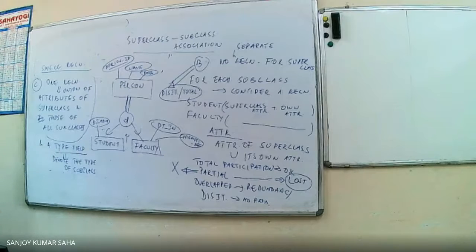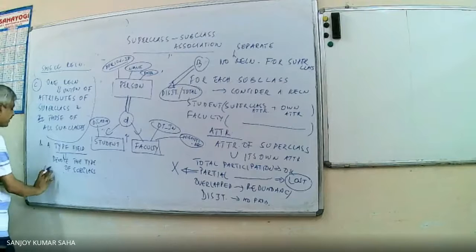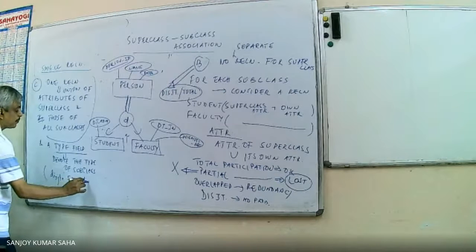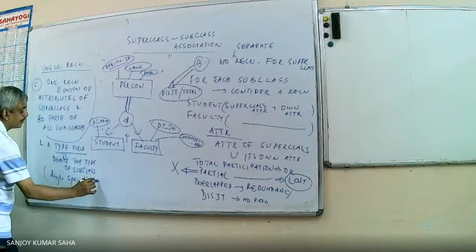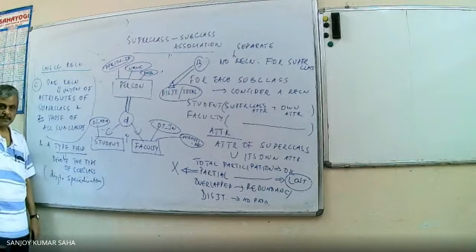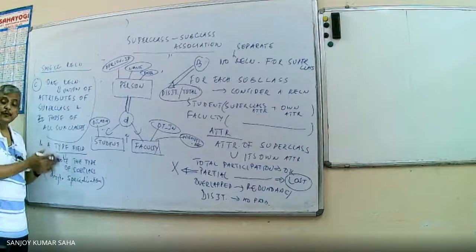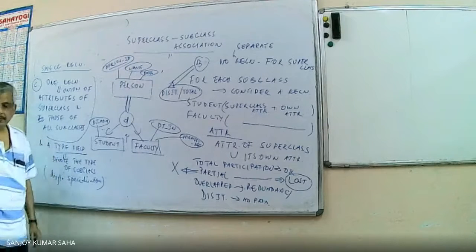As there is a single type field, it can support disjoint specialization. It cannot be part of multiple subclasses. Right? Again, if we go for that, then many repetitions will come up.